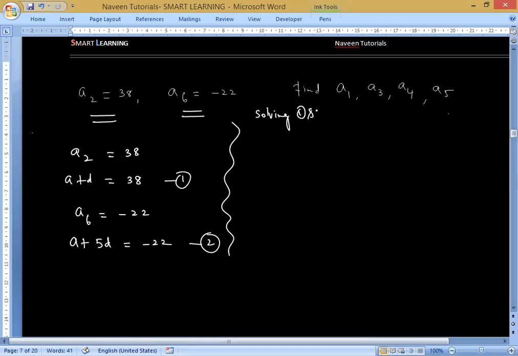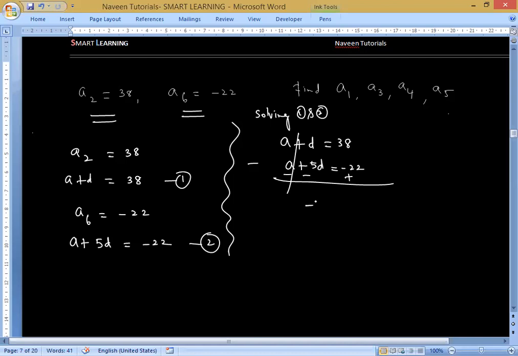Solving 1 and 2. So what is the first equation? a plus d is equal to 38. Again, a plus 5d is equal to minus 22. Right? Then minus, this minus becomes plus. So a cancels.